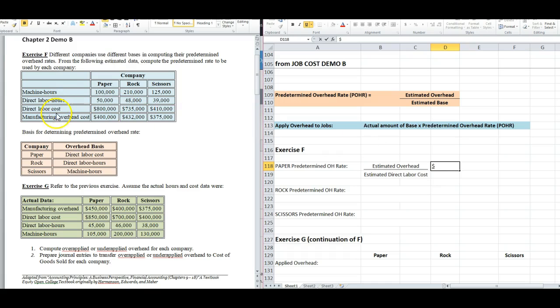So my estimated manufacturing overhead, remember we use the terms manufacturing overhead, factory overhead, or just overhead, all mean the same thing. So we're going to look in the blue column. The manufacturing overhead cost for paper is estimated at $400,000. We're looking for the direct labor cost for paper, which is $800,000.